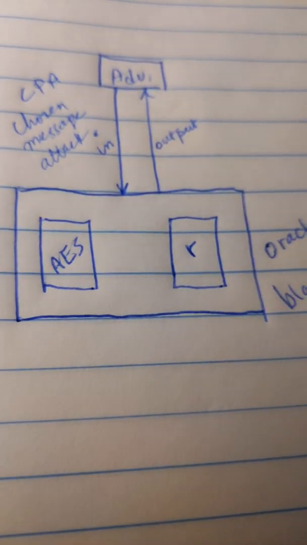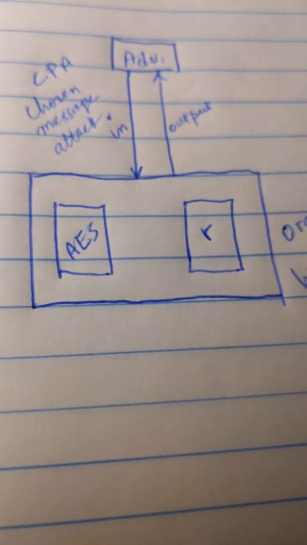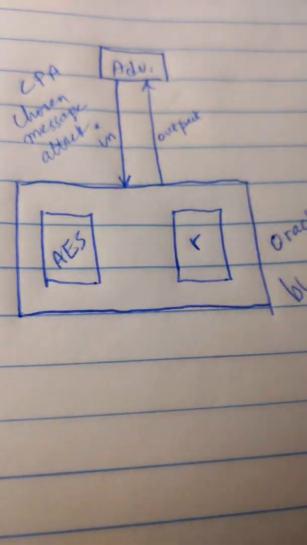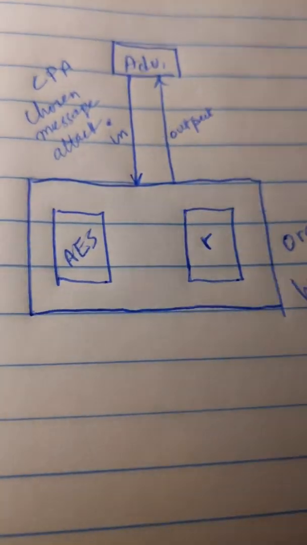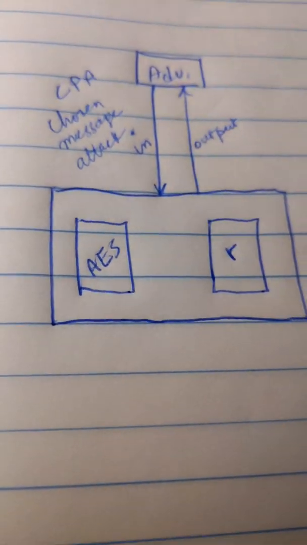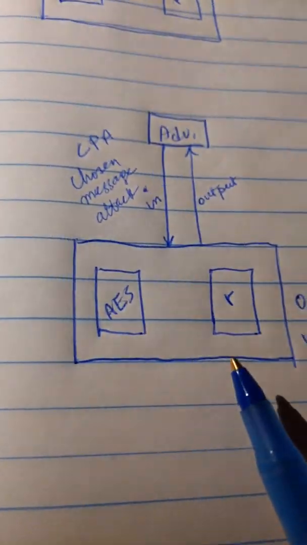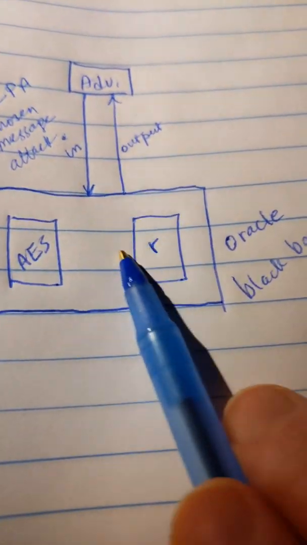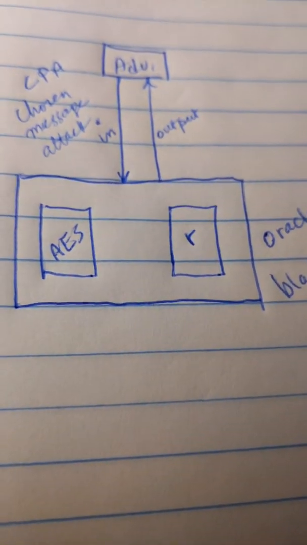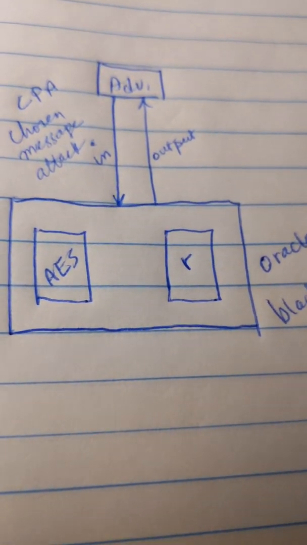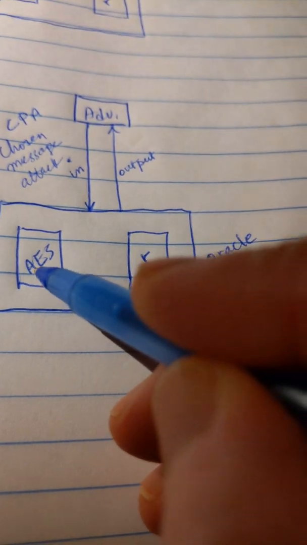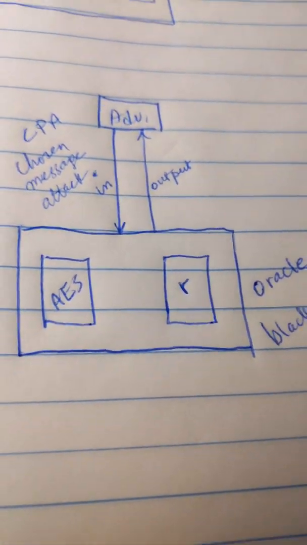So in the beginning of the game, in the beginning of a session, inside the oracle, without the adversary seeing that, we're going to flip a coin. It's a fair coin, so it's a 50-50 chance that it's either AES or the random function.